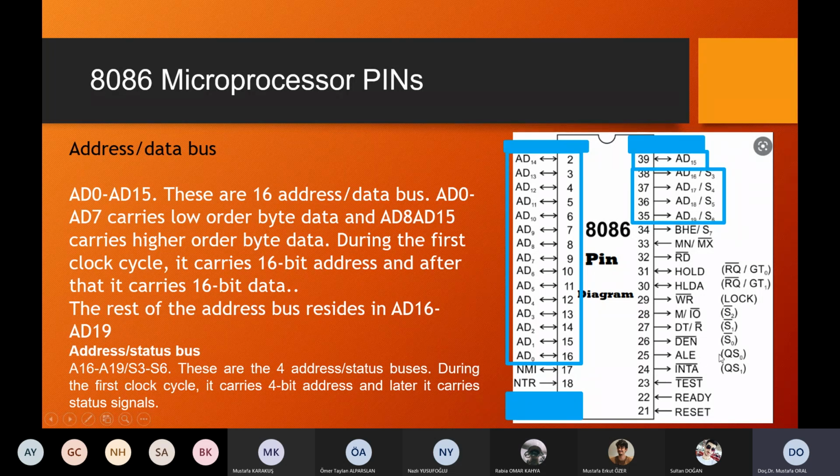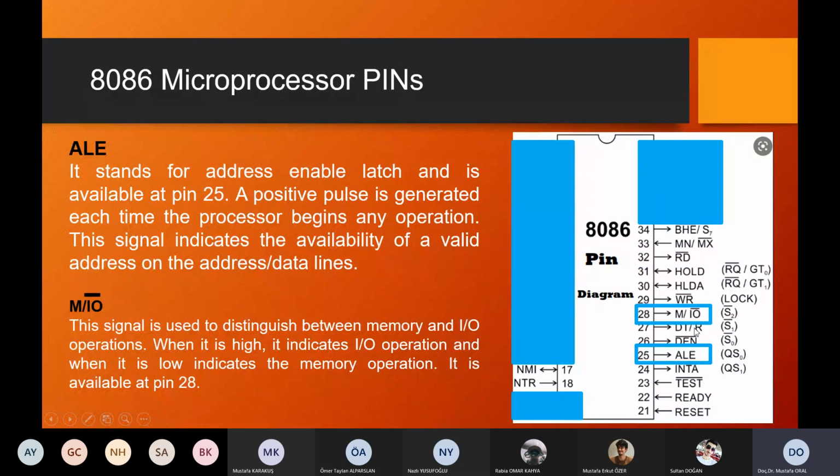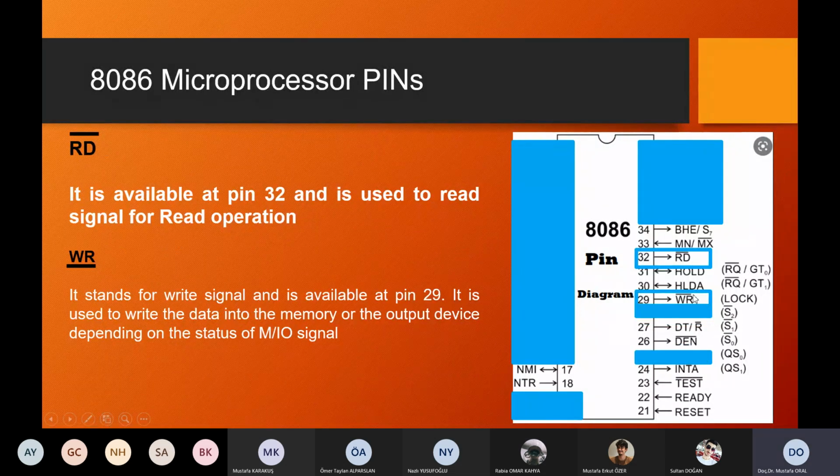And then during the read or write cycle, data transmit/receive and memory/IO signals were outputted, as you remember. Also, depending on the operation, if it's a read cycle, the microprocessor puts zero on the read signal from pin number 32 in order to start the reading operation.